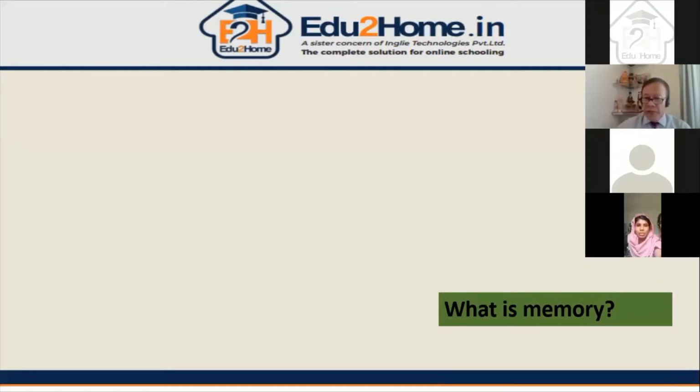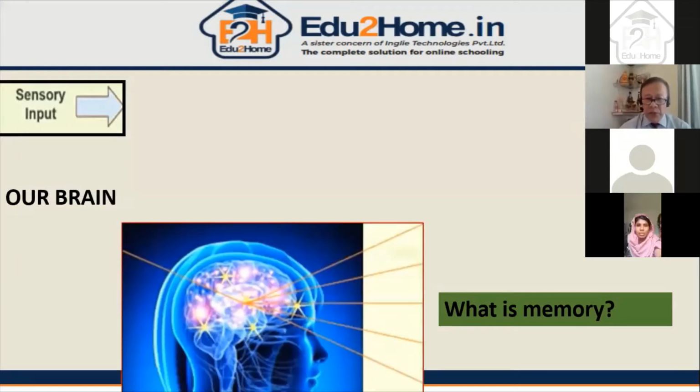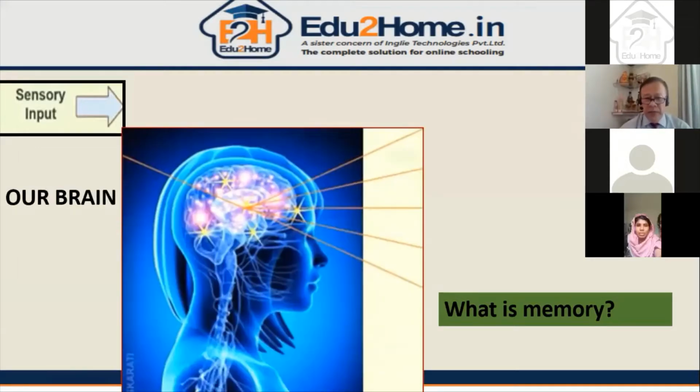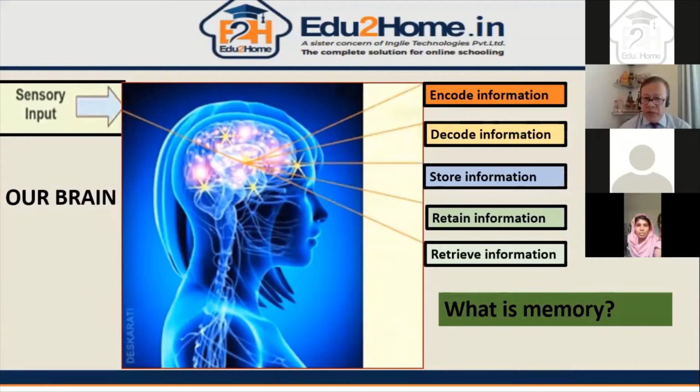So when we talk about memory, this is the ability to encode or decode and retain something in our brain. So there is a sensory input in our brain. Then after that, encode the information. Then you can decode it. You can retain that information, and you can retrieve the information.